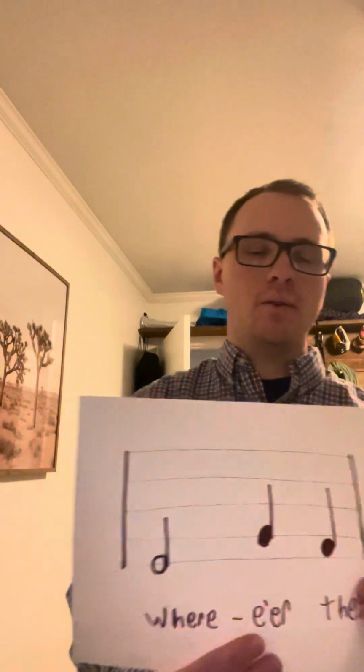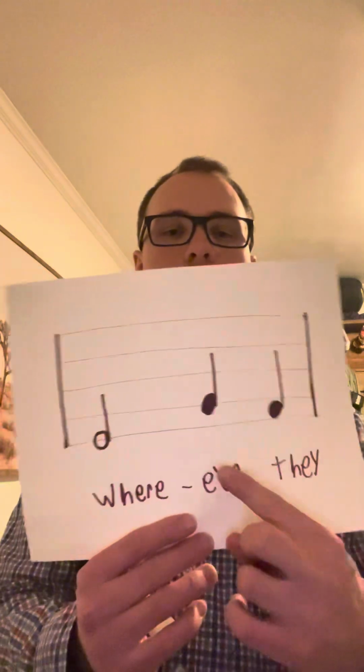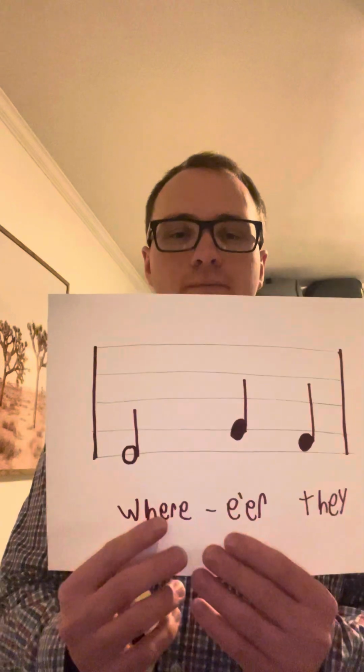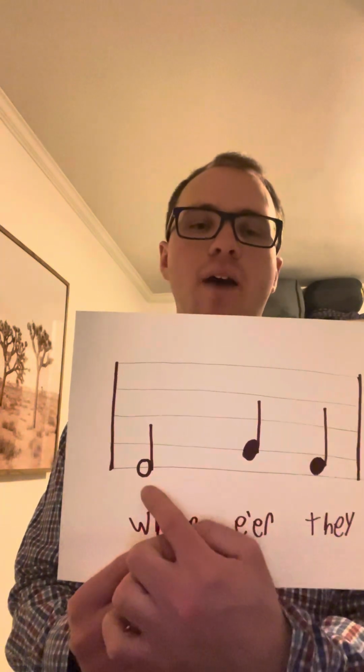Now I want to demonstrate a half note. All right, now remember in that song, steps of Jesus, and then the next part goes, where'er they go. So this part of the measure, where'er they, right? Now this part here, it's a half note.